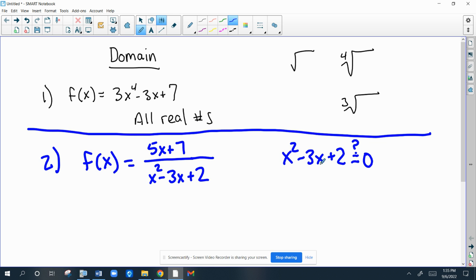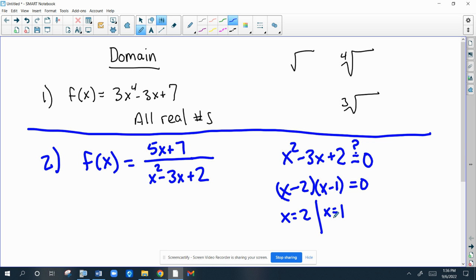So now you just solve. This is a factorable quadratic. Factors of 2 that add up to negative 3 are negative 2 and negative 1. So this quadratic equals 0 when x equals 2 and x equals 1. Therefore, if x equals 2 or 1, you would be dividing by 0. That's illegal. You can't do it.